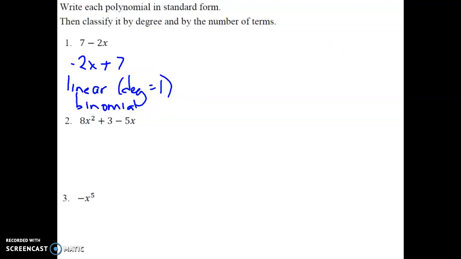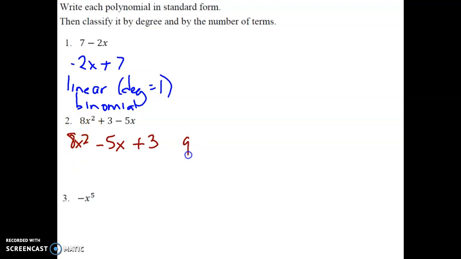Okay, let's look at this next one. So again, our first set of instructions are to write it in standard form. Standard form means from the highest exponent down to the lowest exponent. All right, now let's classify this one by degree. So I look across, the highest exponent, the one that I put in front, is this one, and it's a 2.